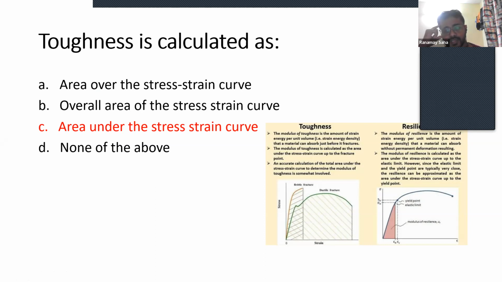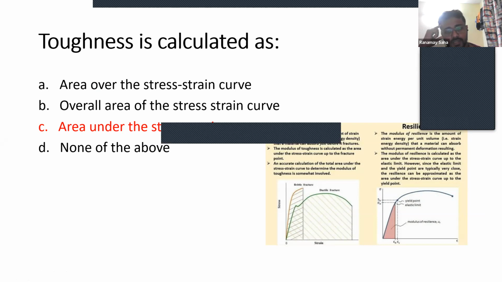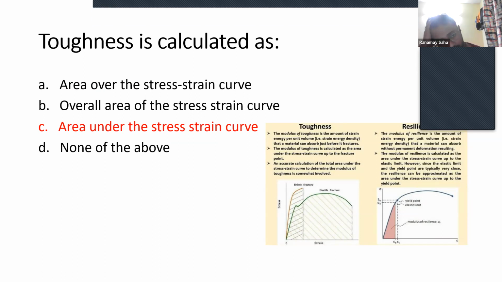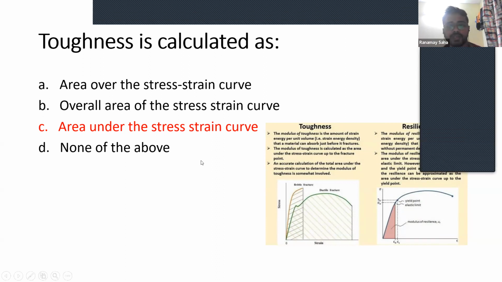And per unit volume, we have the modulus of resilience. Toughness is related to the area of the stress strain curve up to the fracture point. Generally, it is the entire area under that stress strain curve. So that relates to toughness. And again, per unit volume gives you the modulus of toughness.